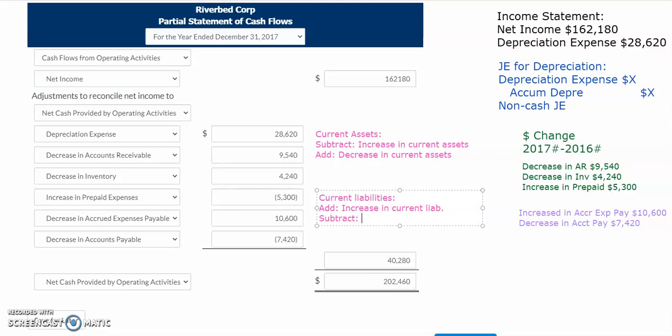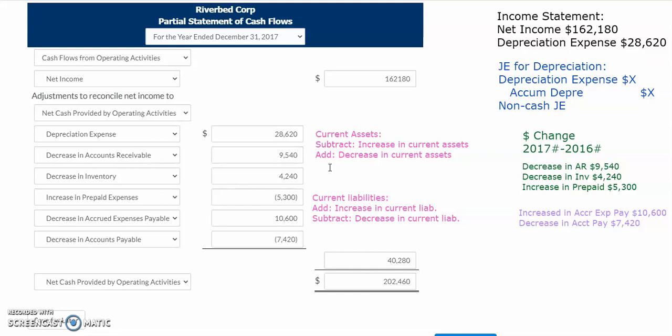So for your current liabilities, it's going in the same direction. And this is a good tip just to write down. So if you think about it, your current assets are typically going to be accounts receivable, inventory, prepaid expenses.